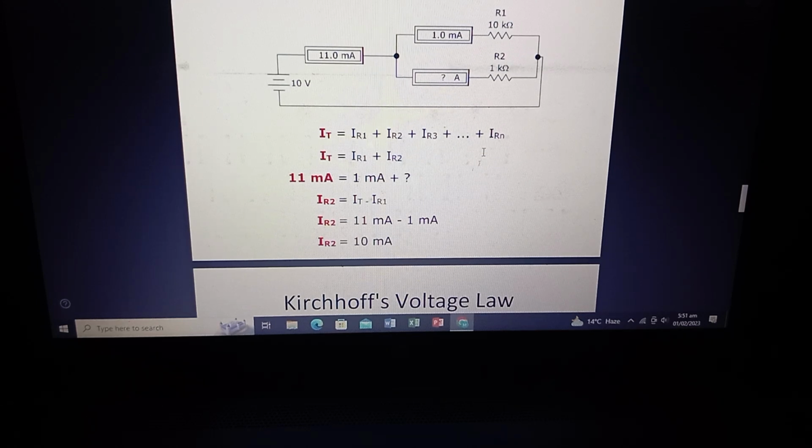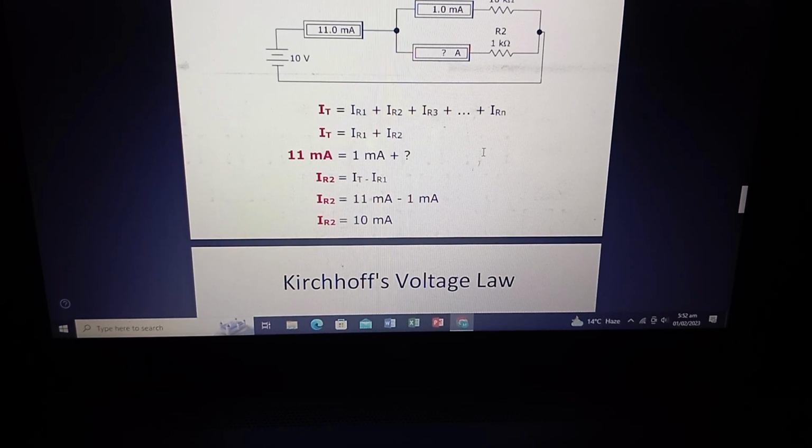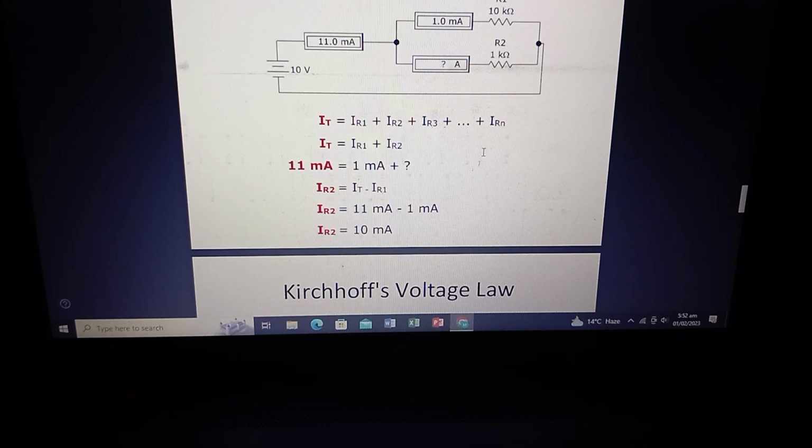The total current is 11 milliampere, which is equal to 1 milliampere plus I2, and I2 we don't know. Here the equation comes: I2 is equal to 11 minus 1, and IR2 is equal to 10 milliampere. And here we get the answer. The IR2 is equal to 10 milliampere.